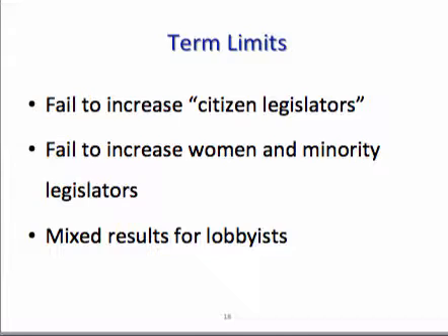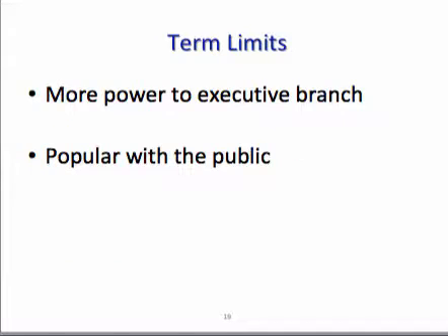Term limits are very appealing on one level, but they don't necessarily lead to increasing diversity, for example. They do increase turnover, and for its own sake, you might argue that's worthwhile. But again, there's pros and cons on this. And bottom line, they essentially give more power to the executive branch.